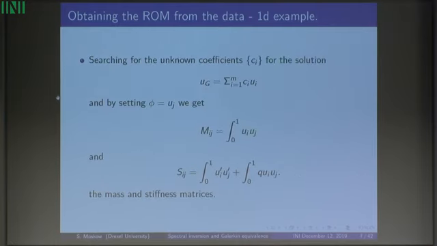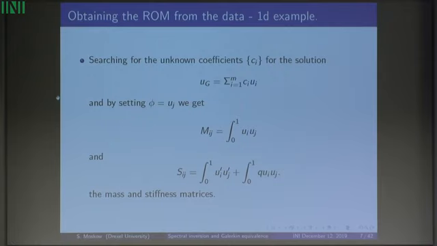So how do you do that? I'm sorry to bore everybody, but how do you do that? Well, you look for the unknown coefficients C, and I'm stating this also for notational purposes.